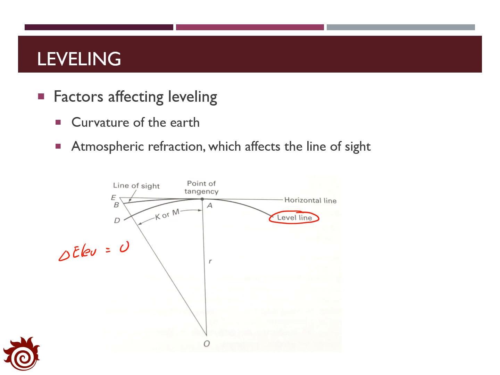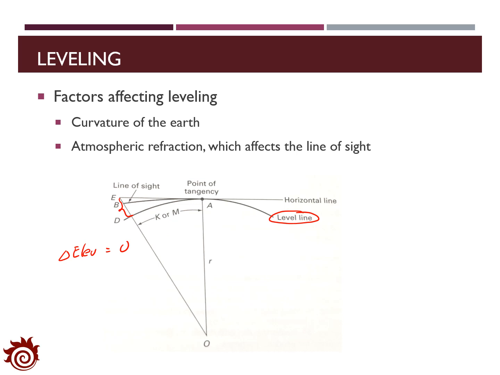However, in the actual measurement, usually we will put the level at point A, and then we will set a tangent line at point A. Then we will observe that the elevation at point D will be the distance from D to E. In that sense, you will observe an elevation difference between A and D, but it's different from the true elevation as defined based on the surface of the Earth.